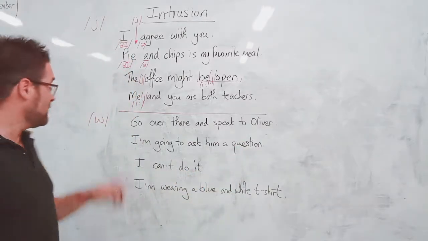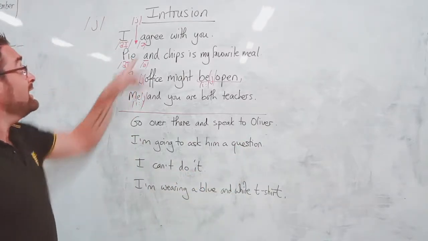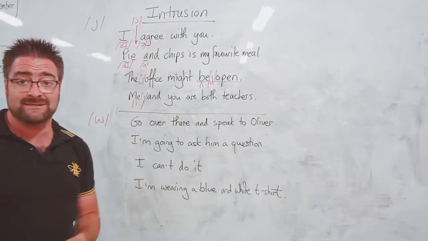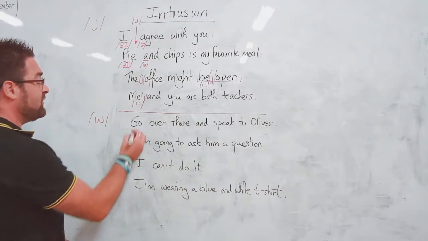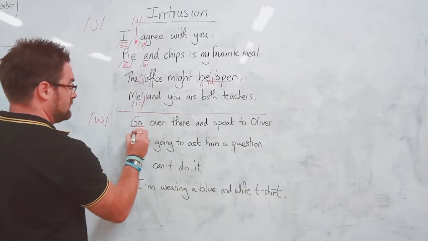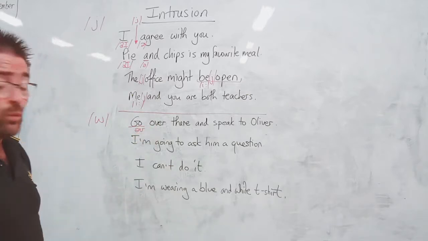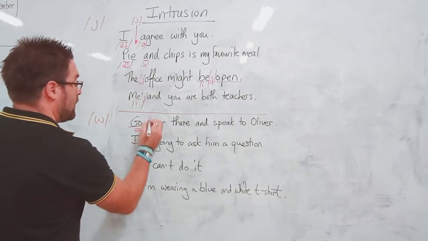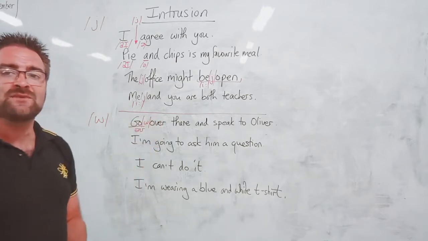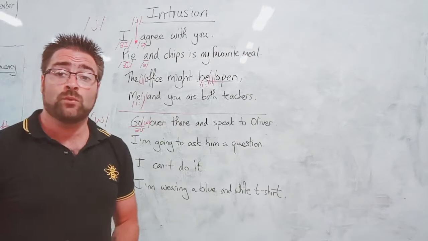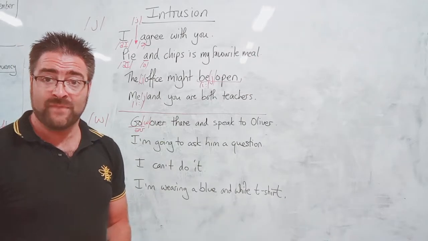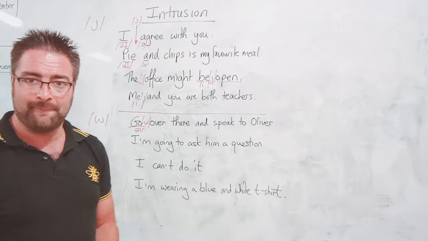There are two examples of where this W sound intrudes into the sentence. After the word go, which finishes with that sound, O, the W will jump into the middle. So go over will become go-w-over there.